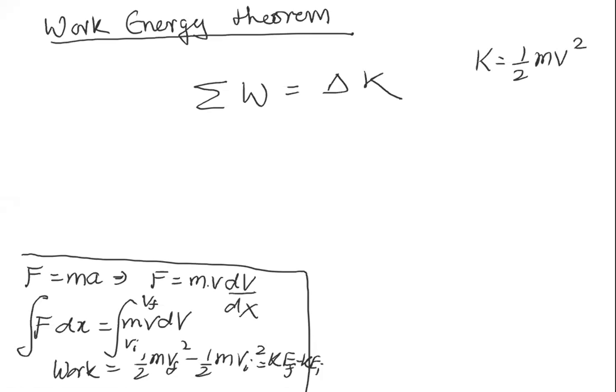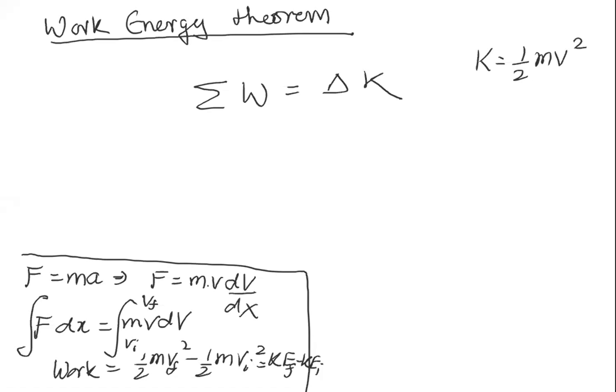For the moment, we are only talking about kinetic energy. After some time, we'll talk about potential energy, right? And then you will actually see that the various forms of energy that you have studied are actually only kinetic energy or potential energy.